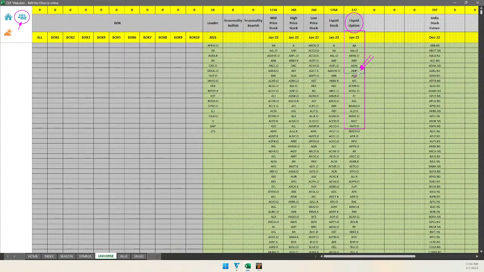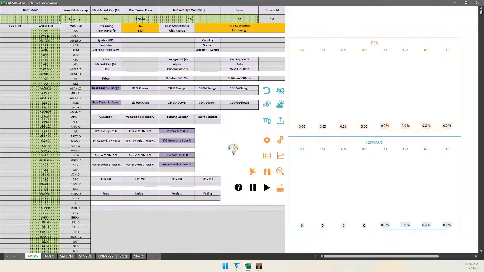In some cases, we will generate the context by selecting the rows, for example, industries of interest. But in this case, placing the cursor anywhere in the column generates the context, and then I take an action on the context by using the peer analysis button. It is going to generate a stock scorecard. That is the first step of fundamental first workflow.